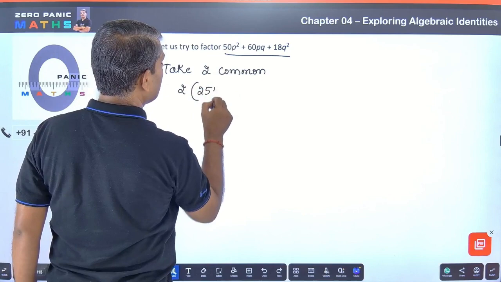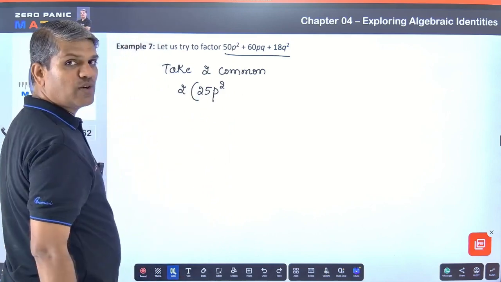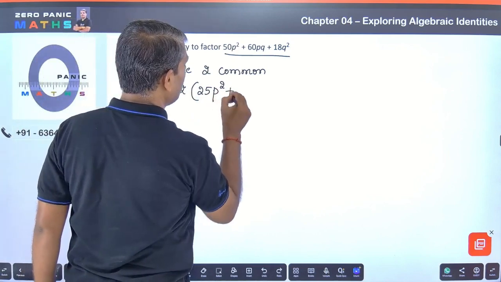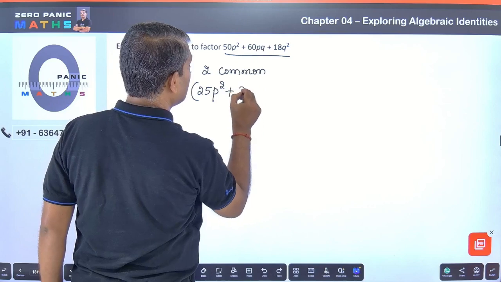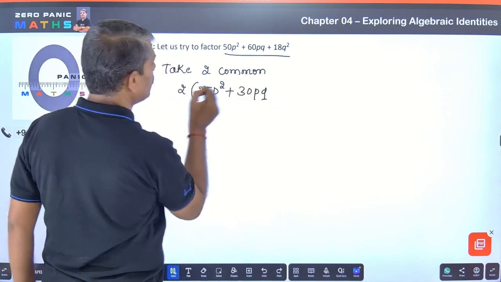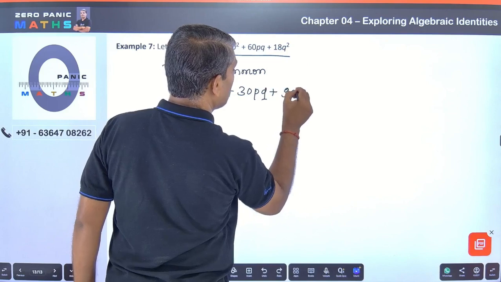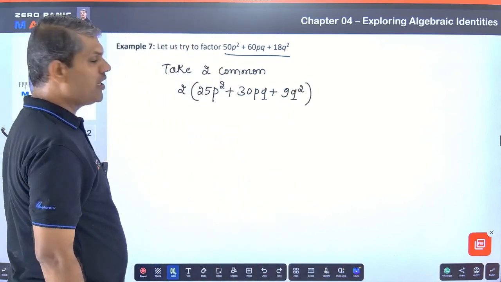So if I take 2 common out of 50, what I remain with is 25, and 25 is a perfect square. Why I am doing this, you understood, right? If I take 2 out of 60pq, it is 30pq. Now it is 9q square. See, I got another perfect square, 9.